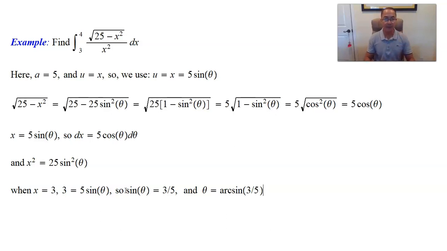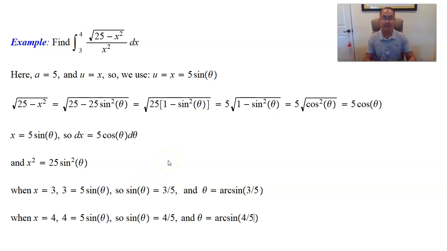Similarly, when x is 4, we get 4 equals 5 sine theta. So sine theta this time is 4/5, and theta is arcsine of 4/5. All right, so that's everything.